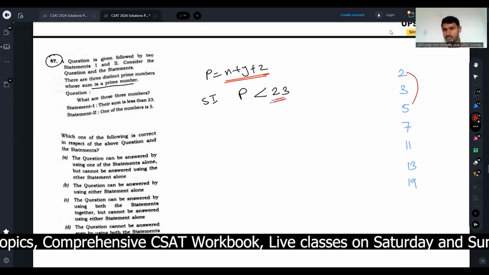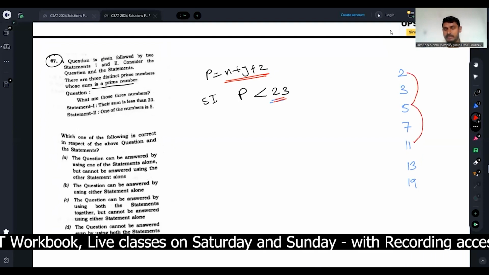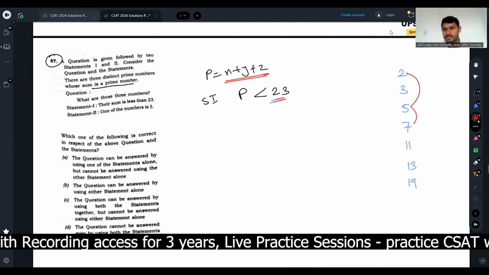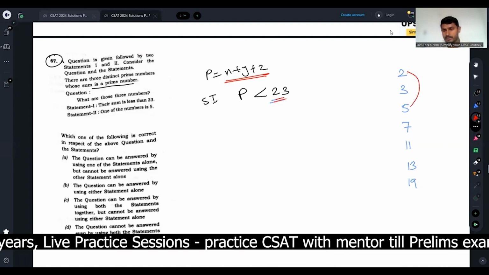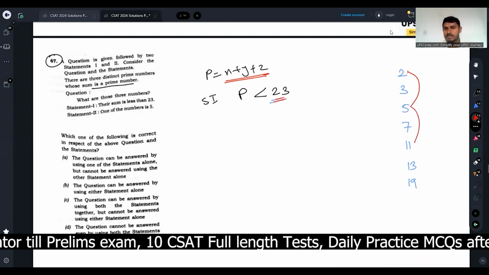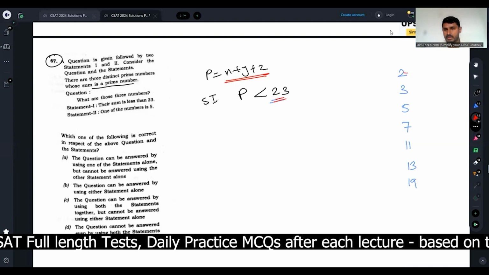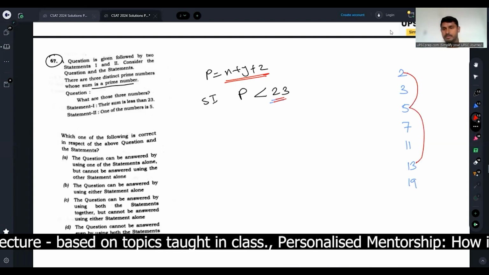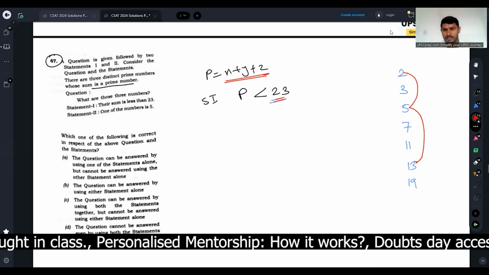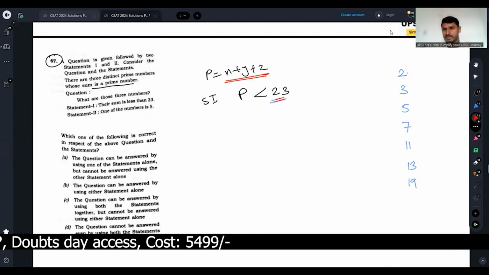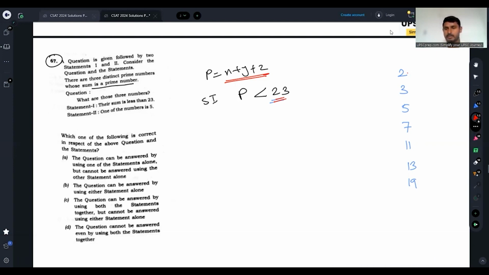Now let's start with 2 plus 5 plus 7. 7 plus 7, 14, not possible. 2 plus 5 plus 11: 11 plus 7 will be 18, not possible again. 2 plus 5 plus 13: 13 plus 7, 20, not possible. We cannot use 19 with it.